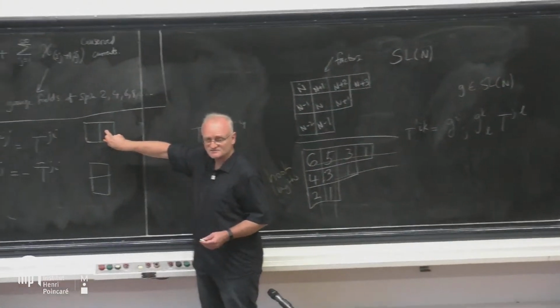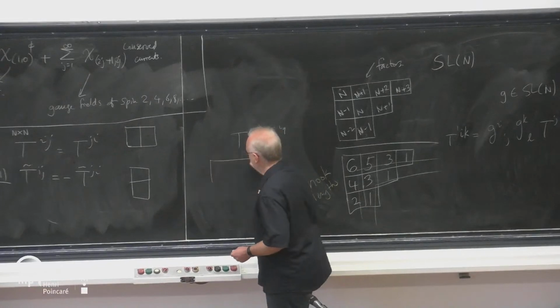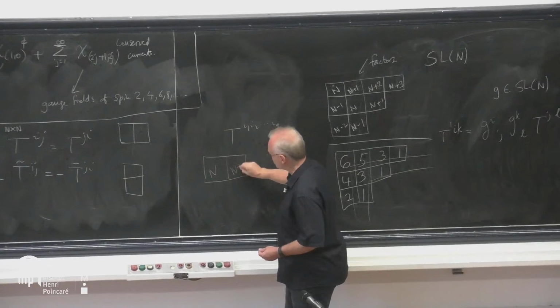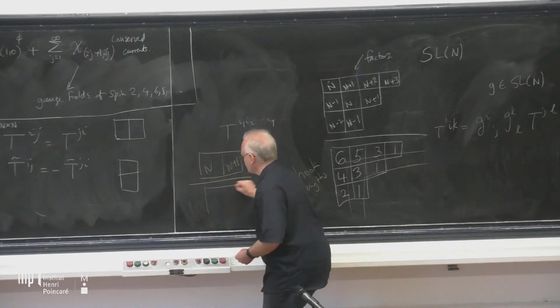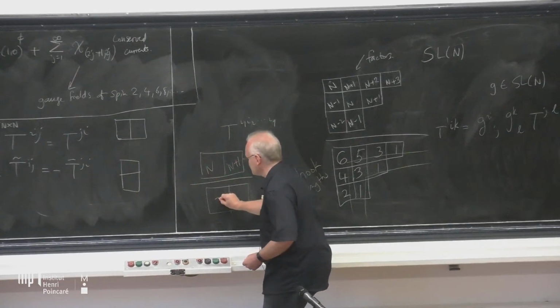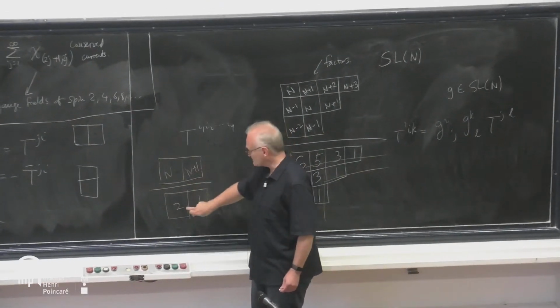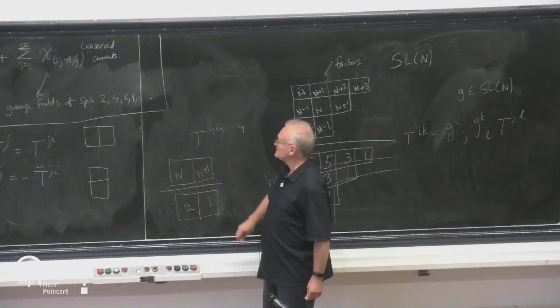Let's check this case because we know the answer. Here we get an n, then n plus 1, divided by, now let's fill in the hooks. That's a 2, that's a 1. N times n plus 1 divided by 2 times 1. Let's try this one.